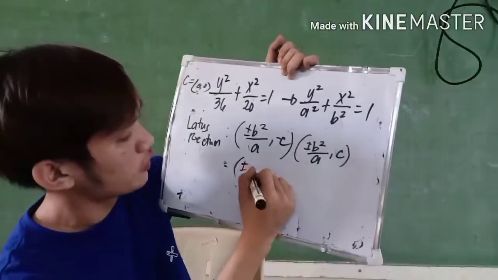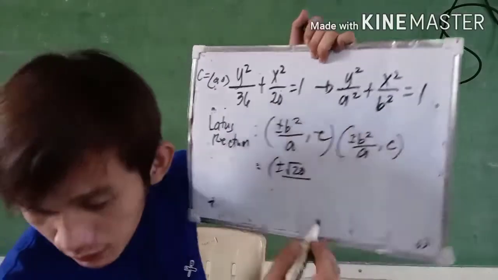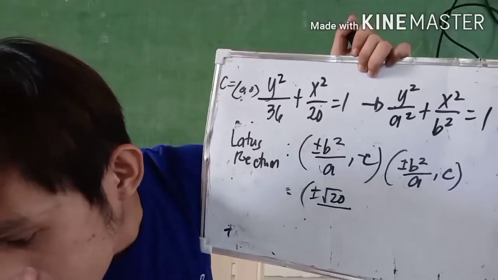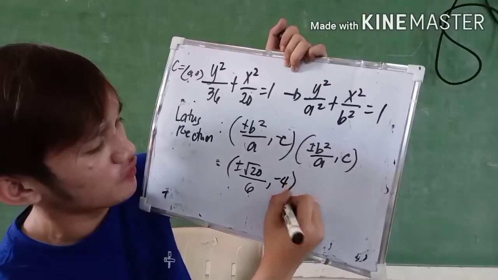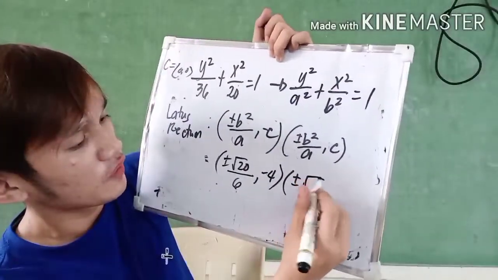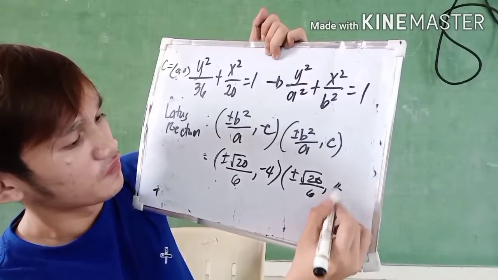Square root of 20 over our a. Our a is 6, tama ba? 6. And then our c, which is negative, so that's negative 4. While the other one is plus or minus square root of 20 over 6, positive 4.